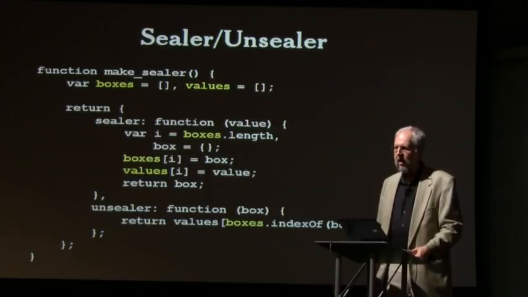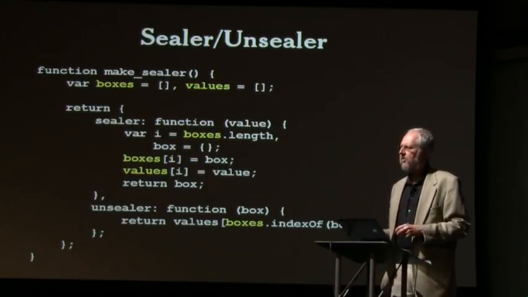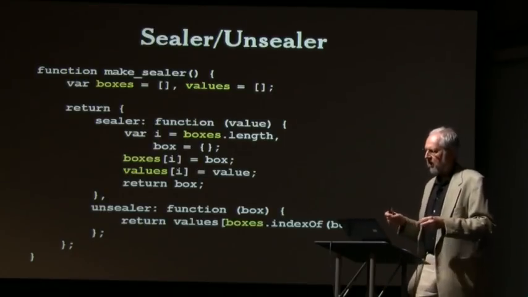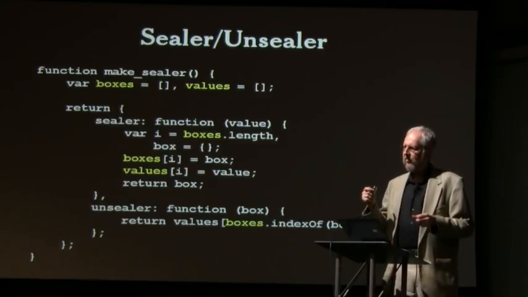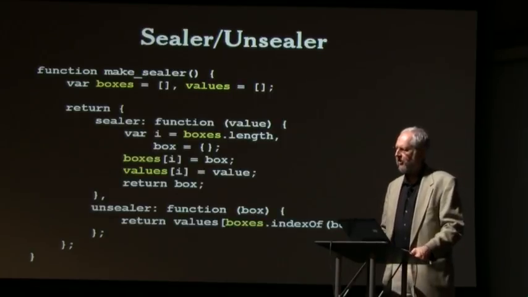We'll look at one more. Sealers and unsealers. So sometimes we'd like to be able to pass secret information around through the application. So say that I give to you a secret envelope, and I tell you, give it to the cashier, and the cashier will take care of you.